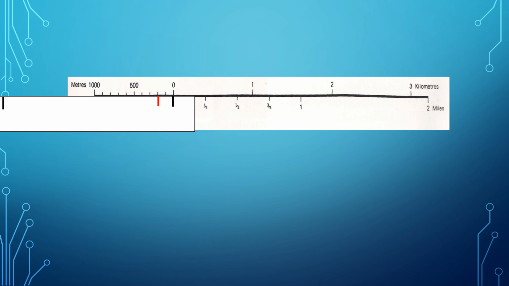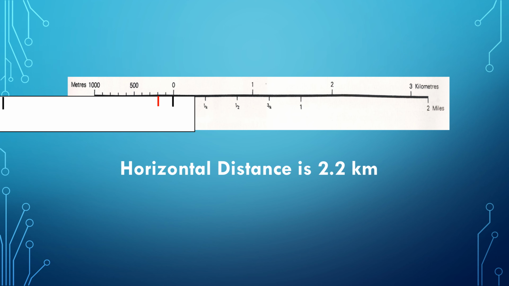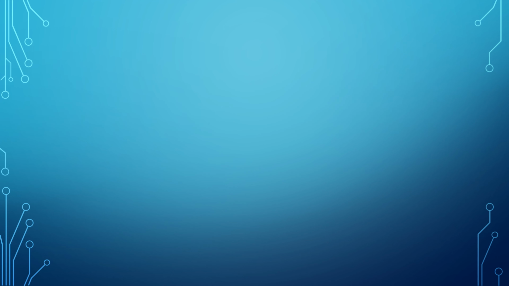So it means therefore our horizontal distance is 2.2 kilometers, or 2 kilometers 200 meters. Now that we have obtained this 2.2 kilometers, we're going to make a recording somewhere on our paper. Now we're going to do our calculation. Remember, our heights are in feet, and we need to convert this 2.2 kilometers into feet.